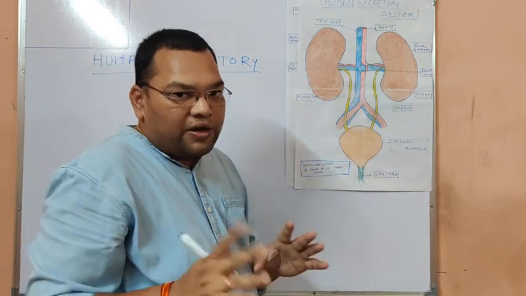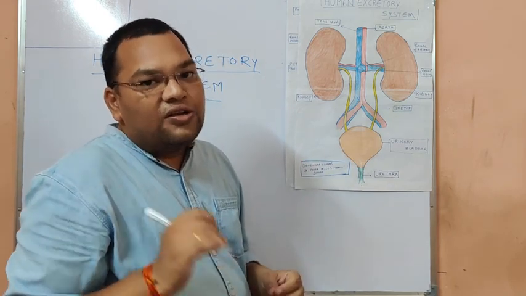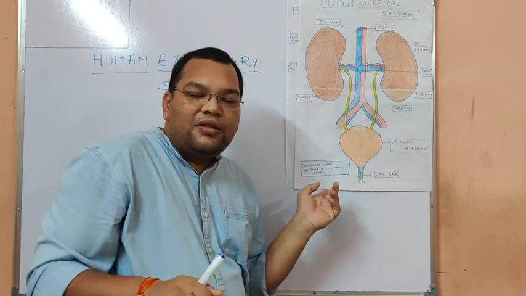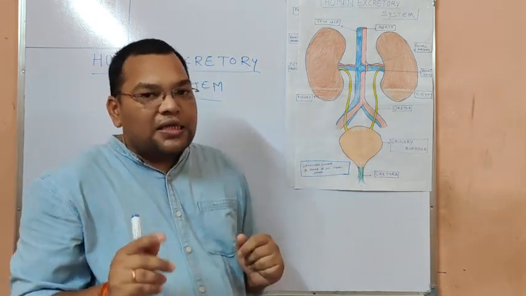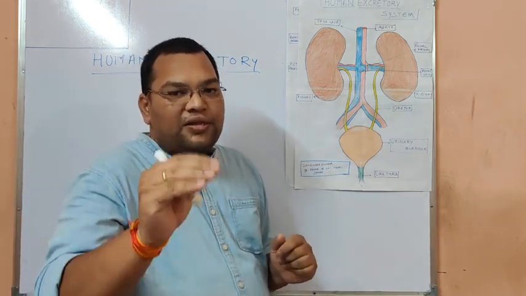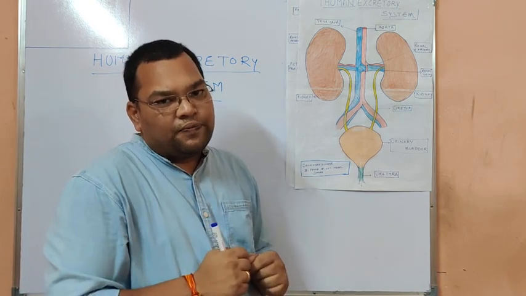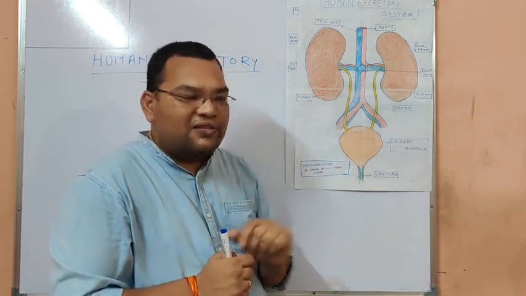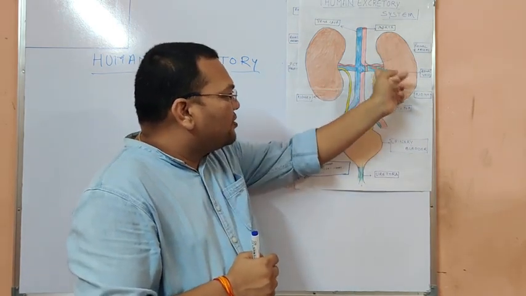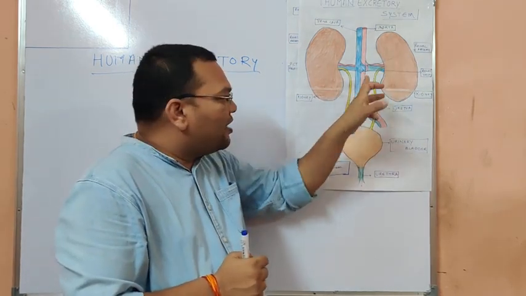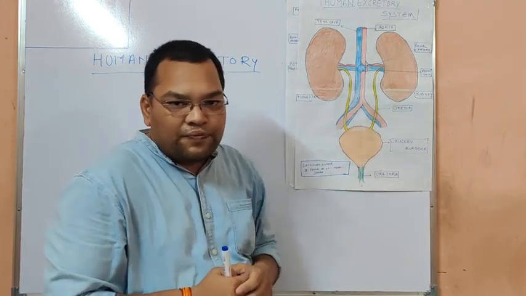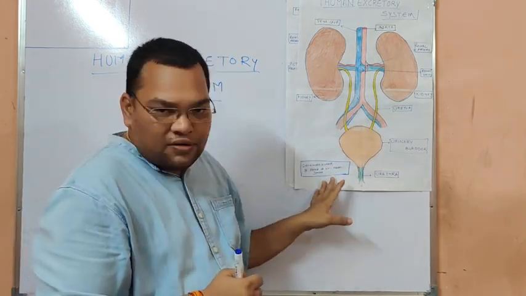Pure and impure here don't mean oxygenated and deoxygenated. Impure blood here means the blood which contains nitrogenous waste. Although it is oxygenated, it contains nitrogenous waste, and the renal artery brings this blood to the kidneys. Is it clear?